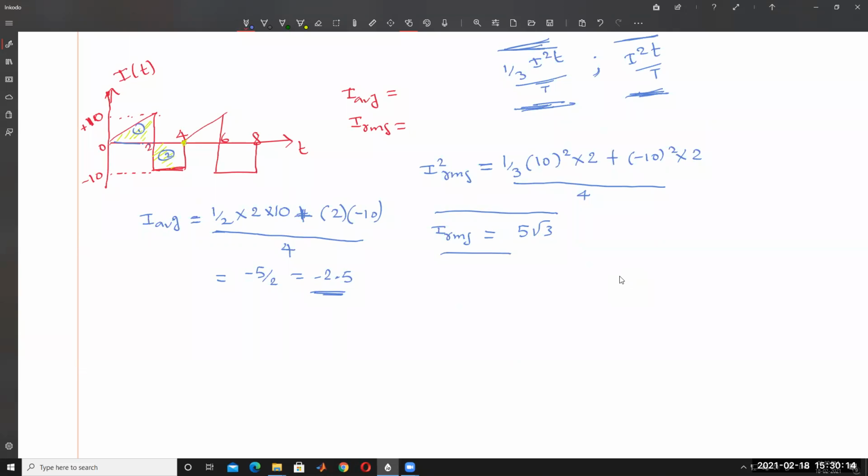So 5 root 3 is approximately equal to 8.165 amps. Understood?